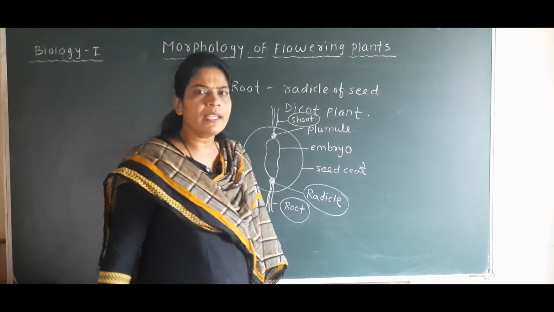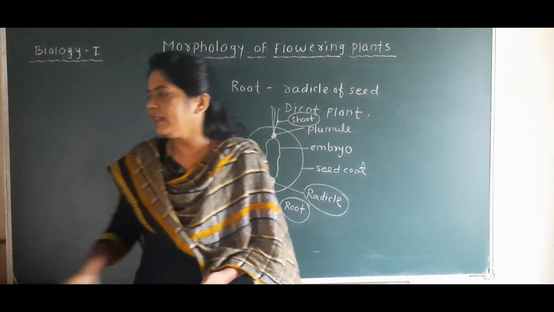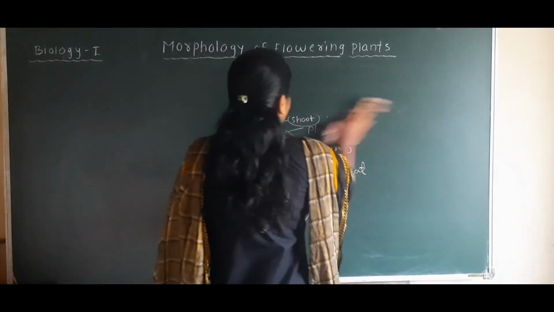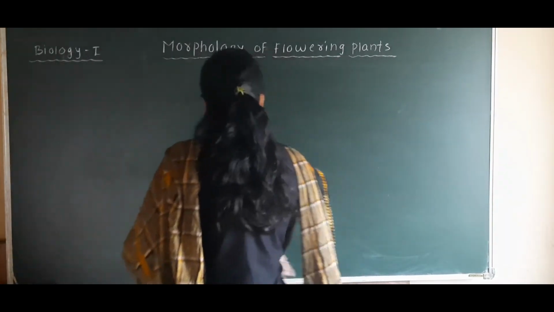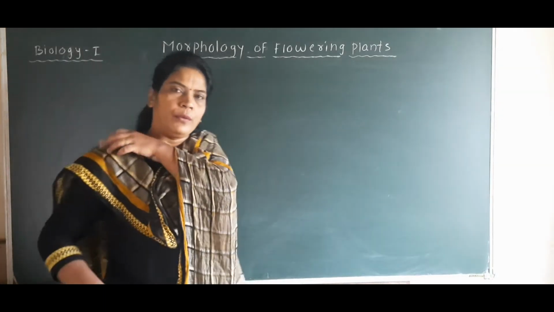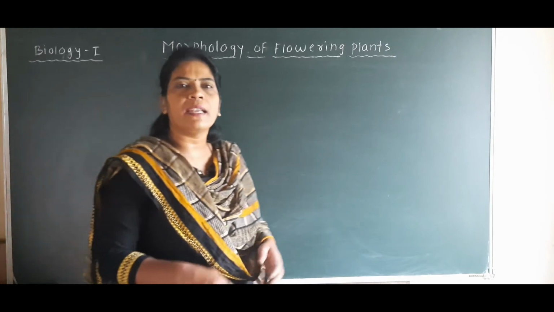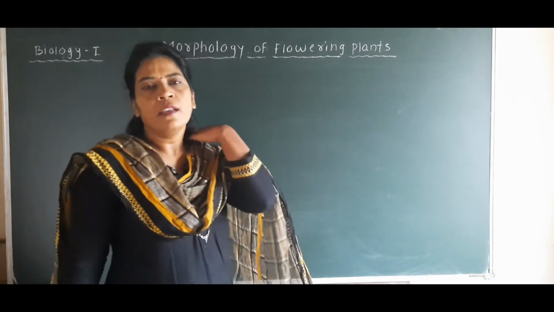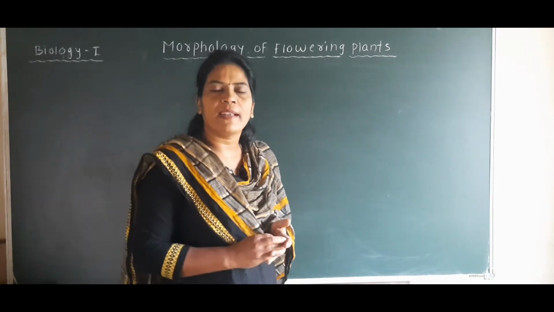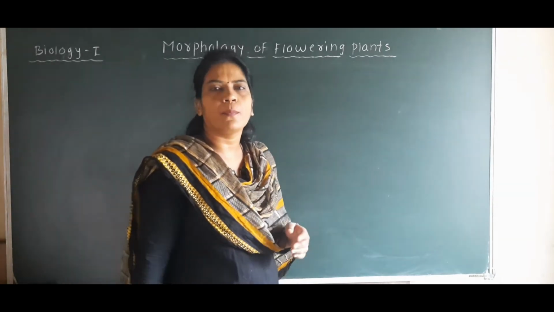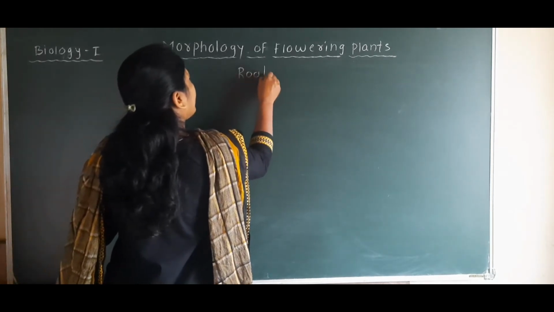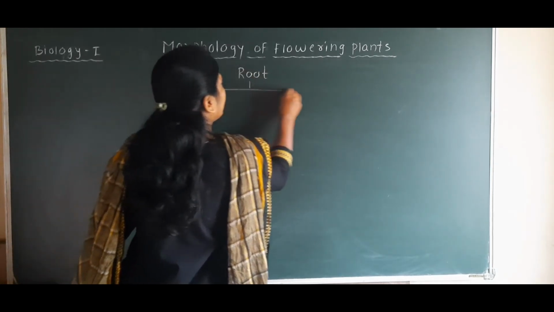Now here we will discuss the three types of roots. They are classified according to which part of the plant develops the root. That means some roots are developed directly from the radicle, some roots are developed at the base of the stem, while some roots are developed from any parts of the plant. So these roots are divided into three types.